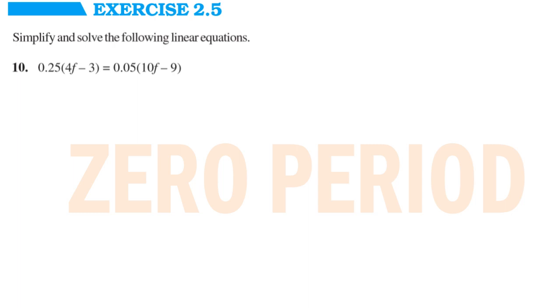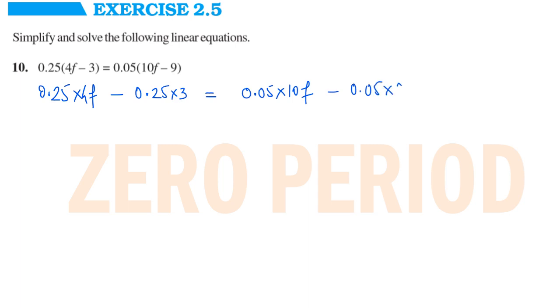So let us open the bracket first. 0.25 into 4z minus 0.25 into 3 is equal to 0.05 into 10z minus 0.05 into 9. This is the first step after opening the bracket.